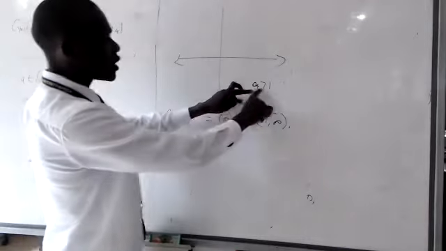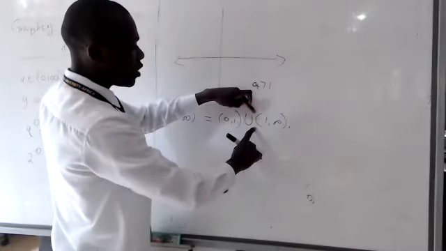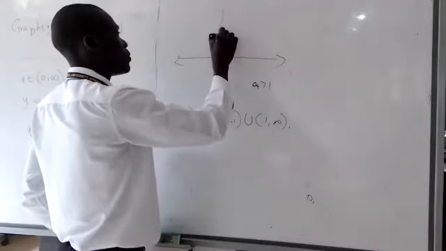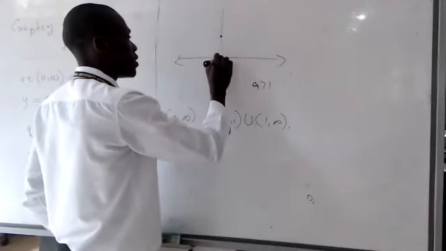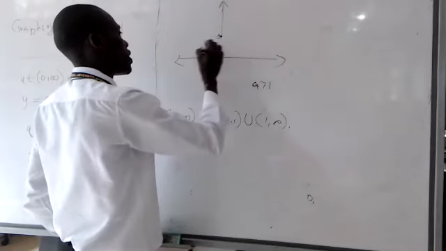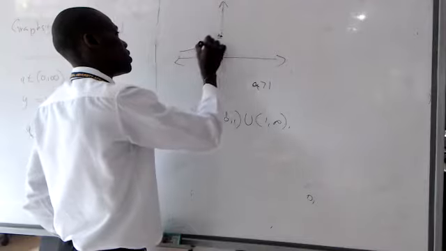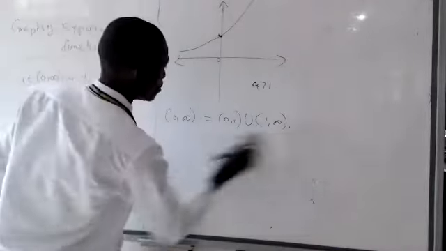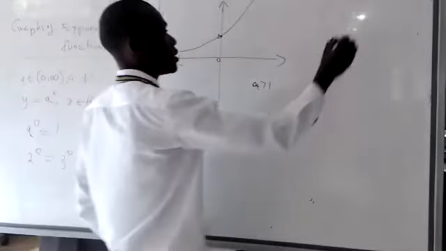So when a is greater than 1, so when I take all positive real values strictly greater than 1, the kind of graph I obtain, of course, at the point 0, I expect this graph to be crossing at 1, and this is the graph we will obtain. This is for a greater than 1.